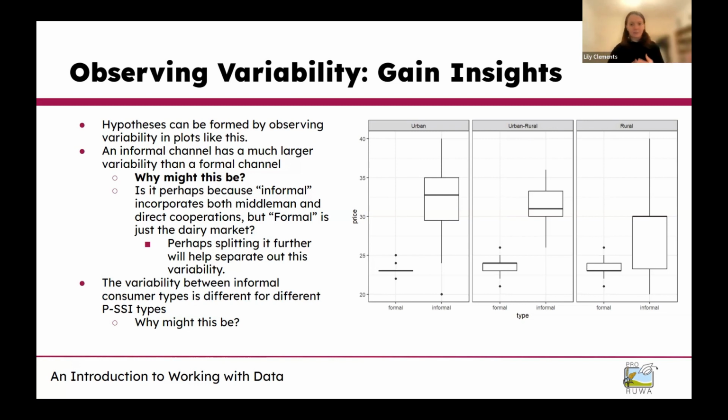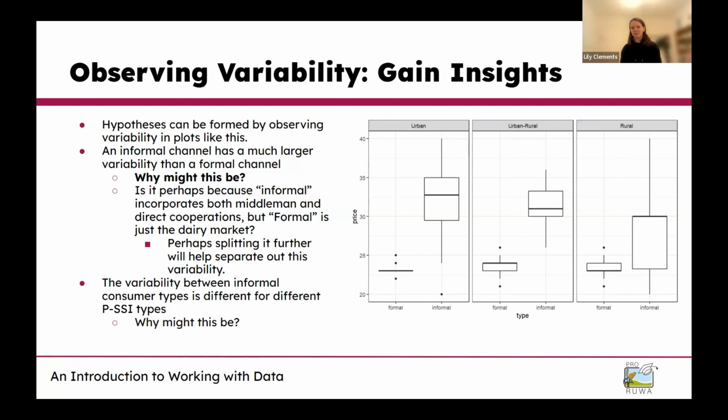Perhaps we should then try splitting out this informal channel further to separate out this variability and observe a little bit more. We can also see that we are looking at the variability between the 3P SSI types. If we look at these informal consumer types, the variability actually changes throughout these 3P SSIs.